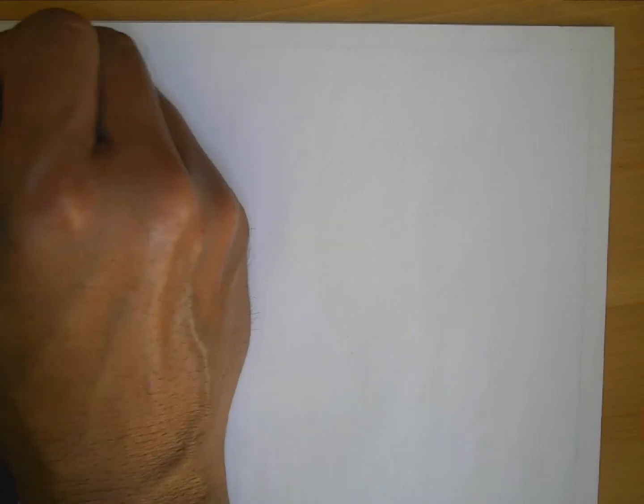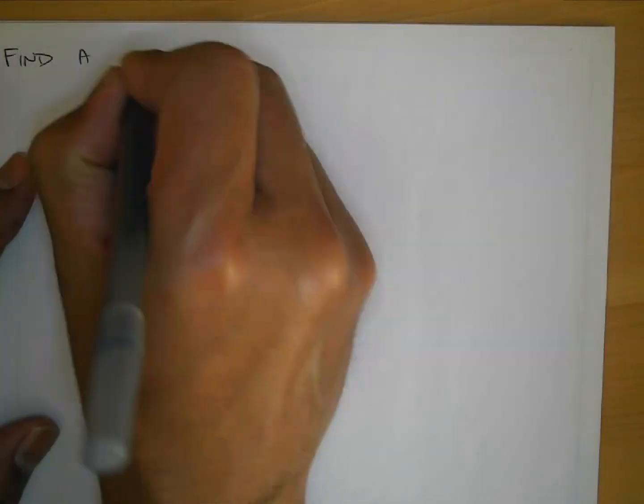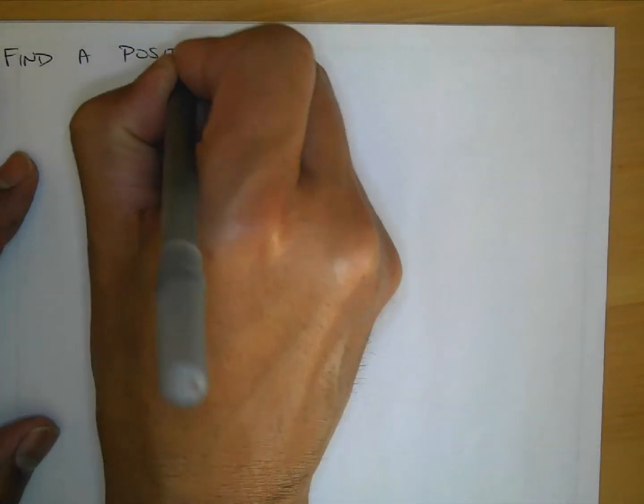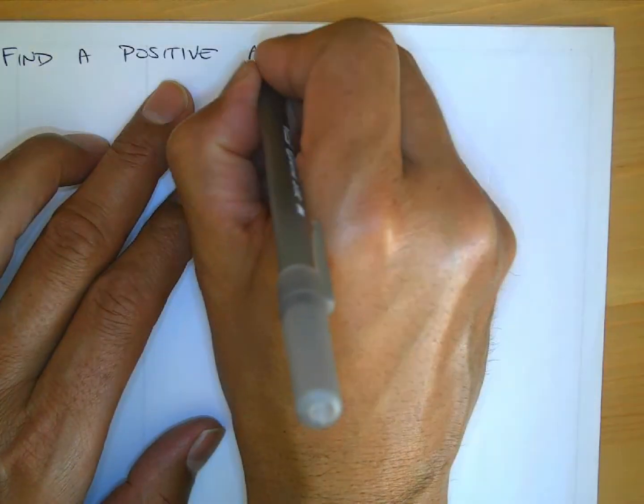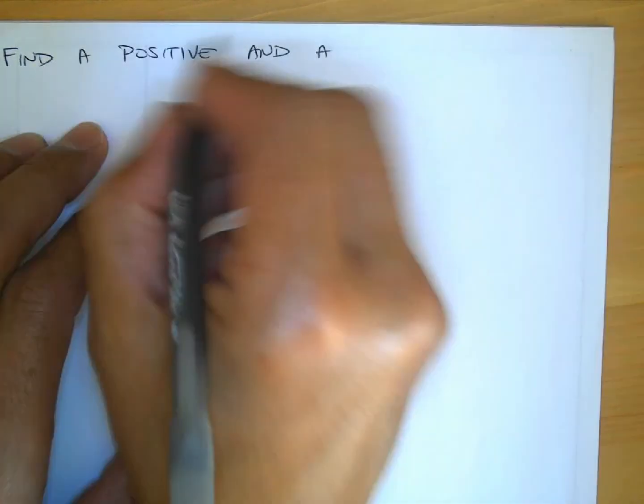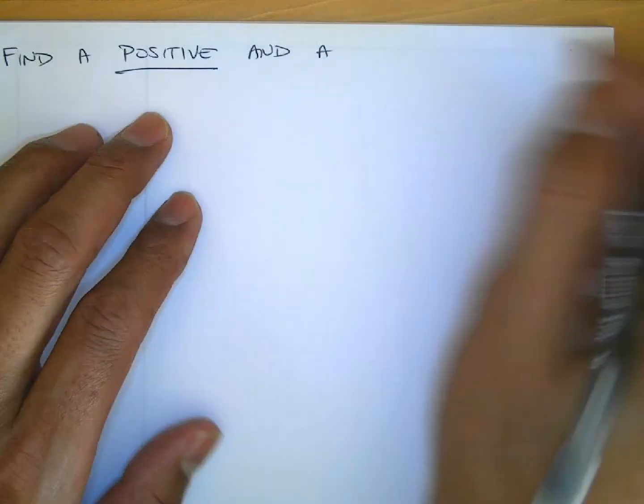Okay, on the last set of problems, they're going to ask you for coterminal angles. Copy this down: it's going to say find a positive and a negative. So it's a two-part problem.